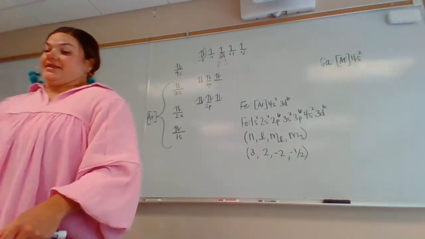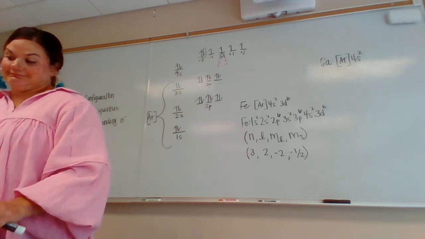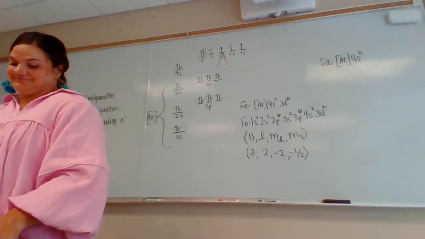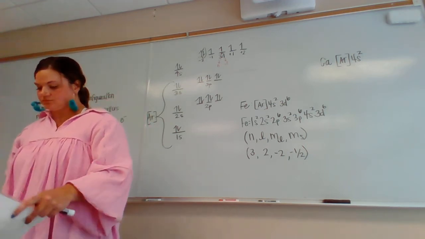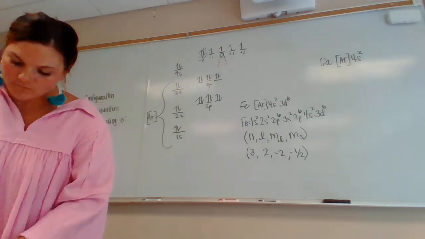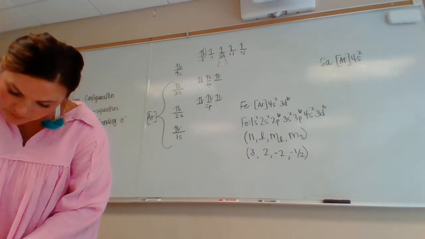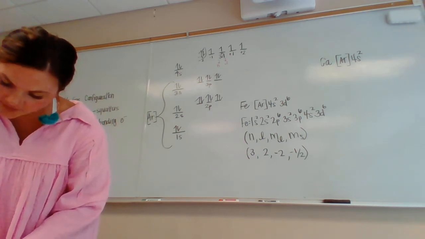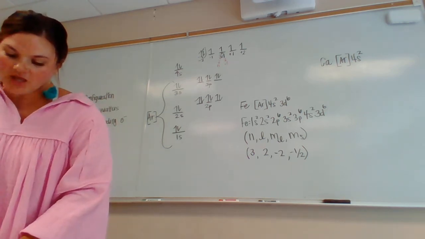Y'all are really gonna like the f block. How do we get to it? Those are just extra elements that they threw in there. They couldn't even fit them in the periodic table.